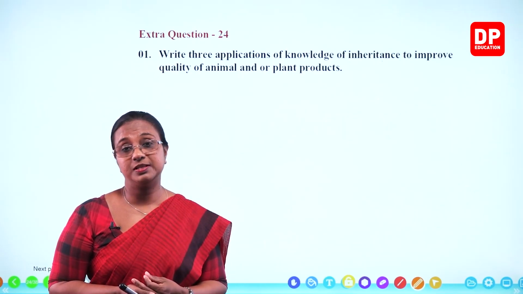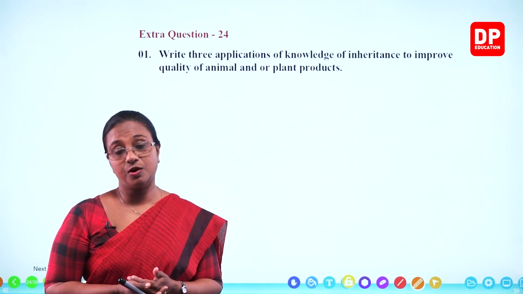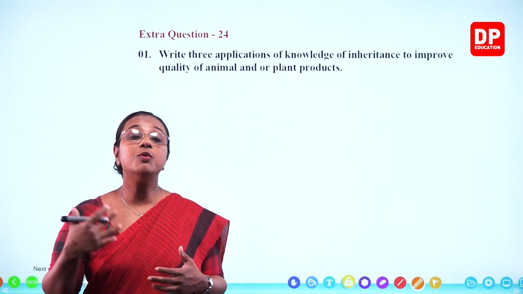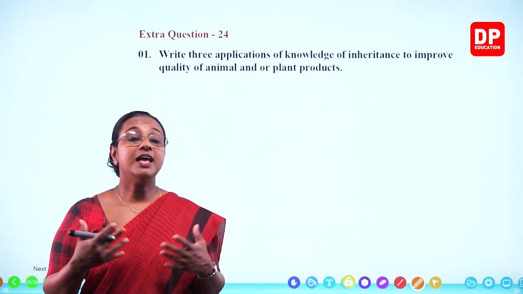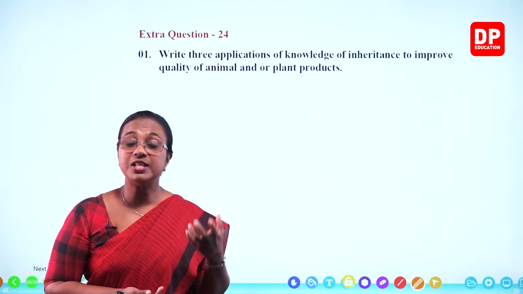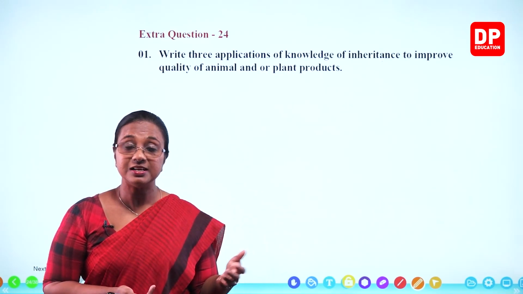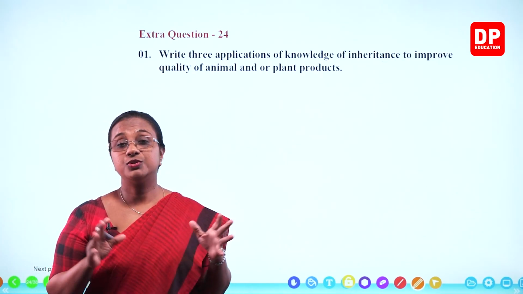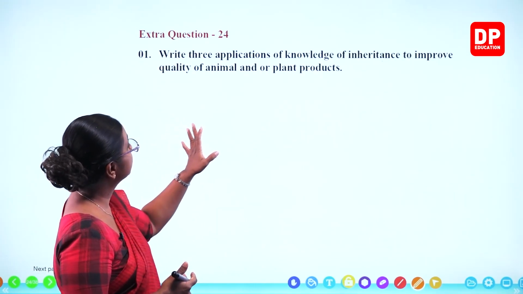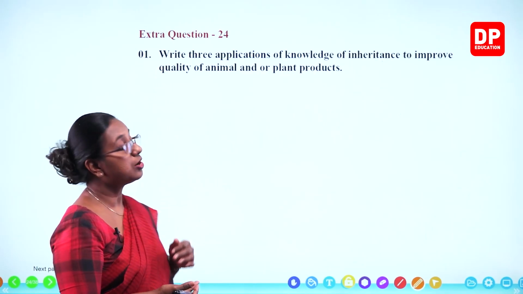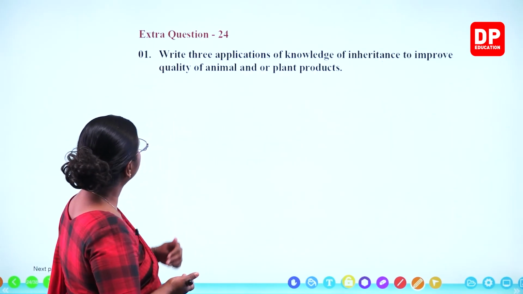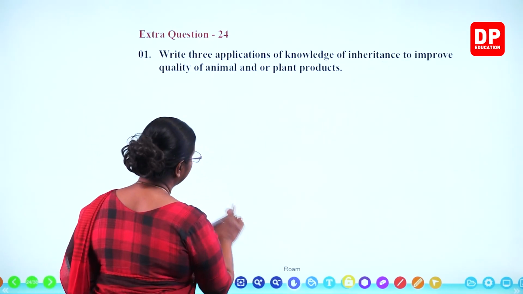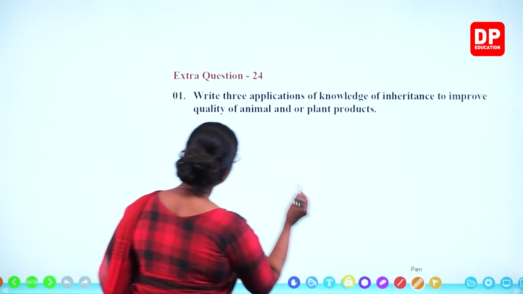We can have pest-resistant crops, weedicide-resistant crops that give more yield. Then we can also produce fruits that are more fleshy, tastier, more nutritive, and with a larger number of fruits. Those are all applications obtained using the knowledge of inheritance. You are supposed to write only 3 applications. So I'll write down 3 applications.